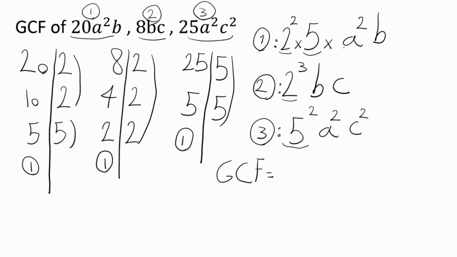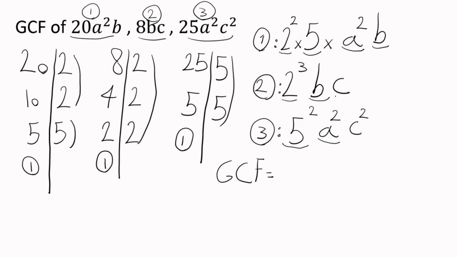Look at the a. I have a in the first term and I have a in the last term. Do I have any a in the second term? No, so I should not consider a. Do I have b in the first term and in the second term? Do I have any b in the last term? No, so I should not consider b.